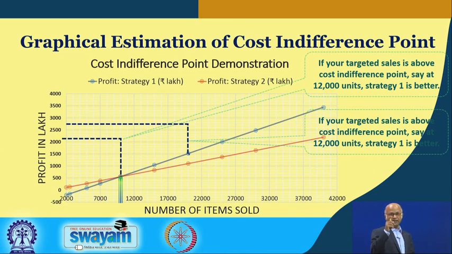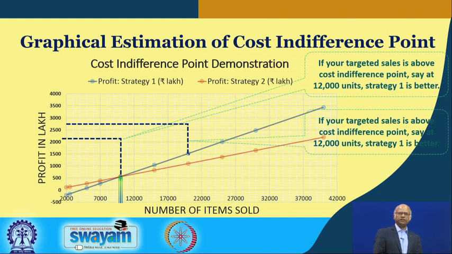You can see this is plotted profit in lakhs and number of items sold is plotted that way. At some point, almost like break even point, it is not break even point because this side it is profit and this side is number of units. At some point the profit is exactly the same for both models. So, this is known as cost indifference point.